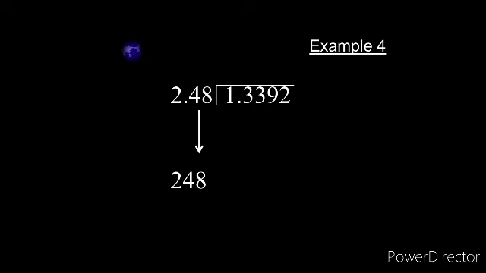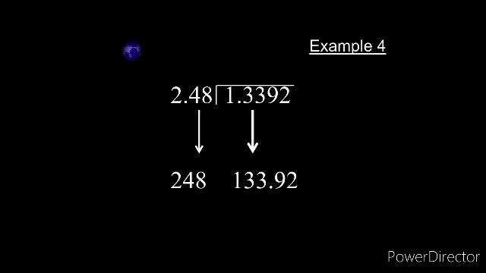While for our dividend, because we already moved twice in our divisor, we also move twice in our dividend. So instead of 1.3392, it changes to 133.92.